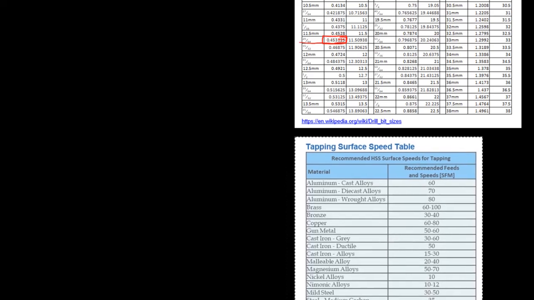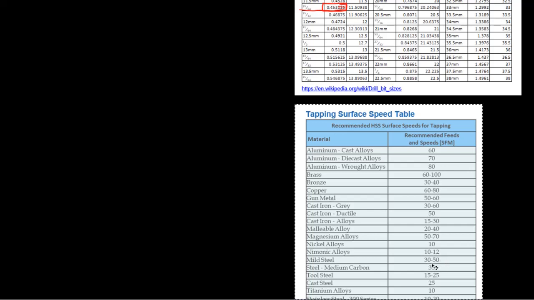Okay, so we're tapping into mild steel, so we have mild steel here. Again, this one's showing a range, so we could choose 30, we could choose 50, we could choose a middle point.